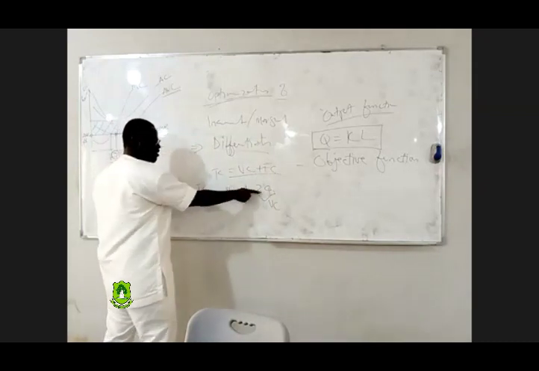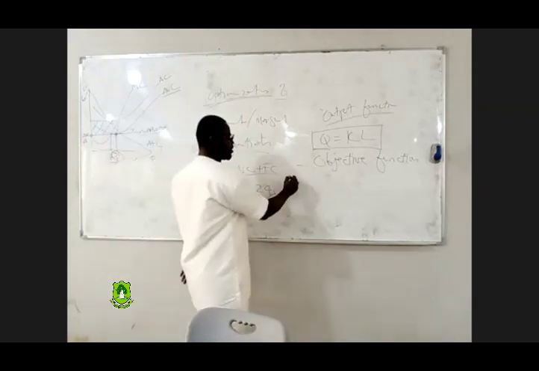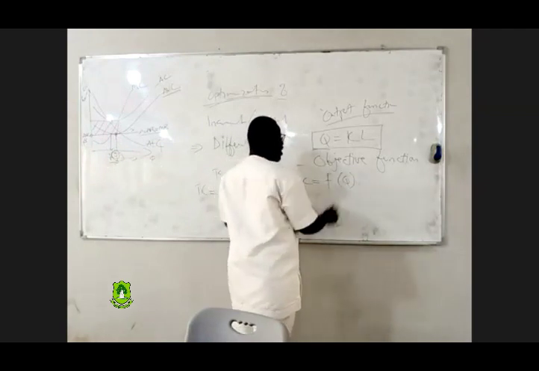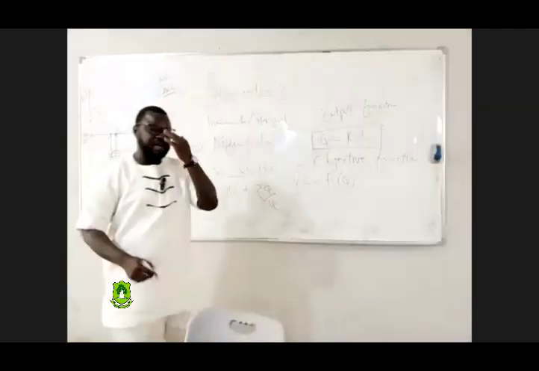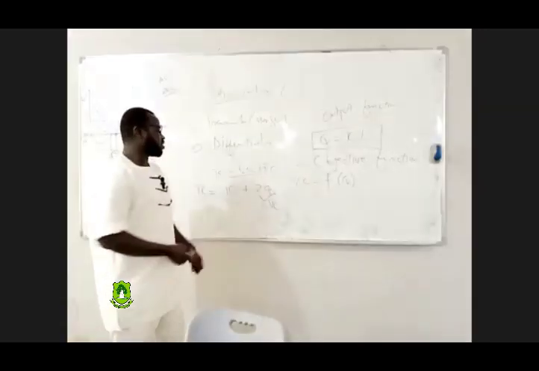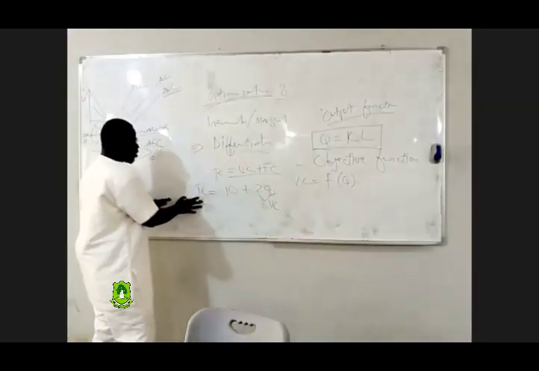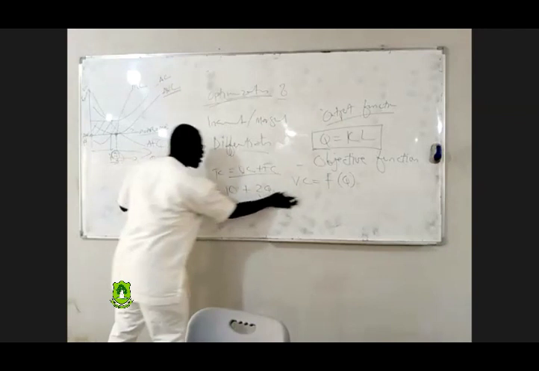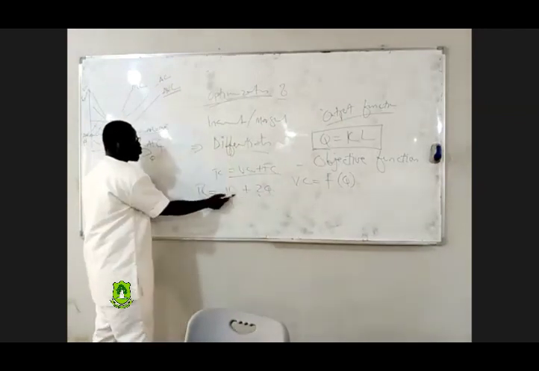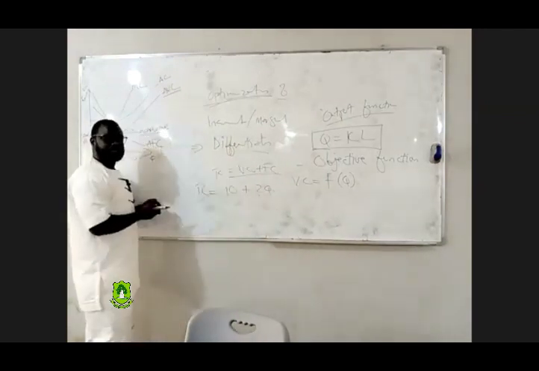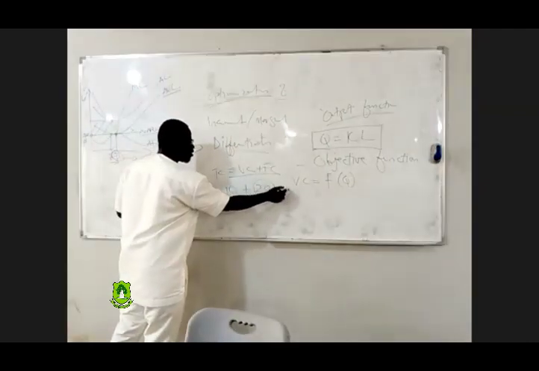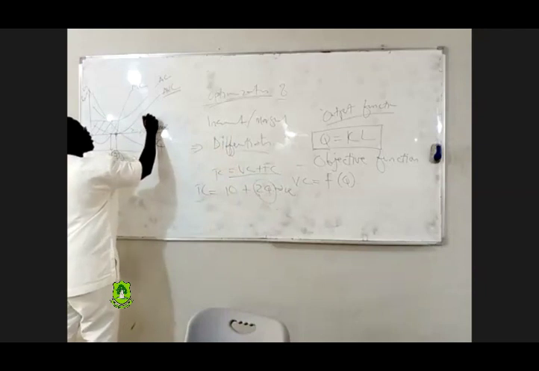This 10 plus this. Remember from the beginning, we said the variable cost is a function of output. As you continue to produce, variable cost will also be increasing. So the part of total cost that varies with output is this one, the variable cost.